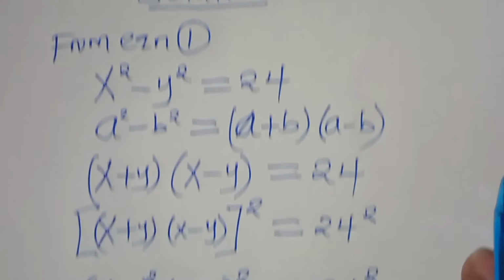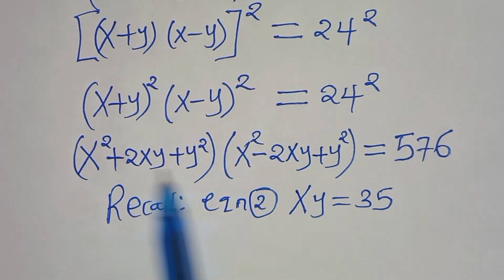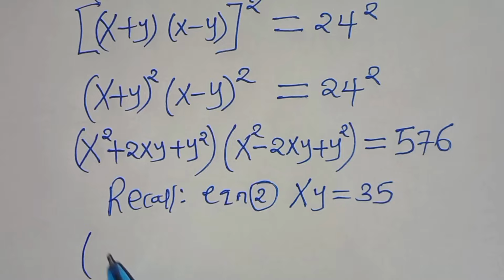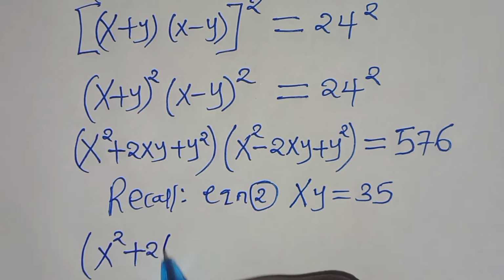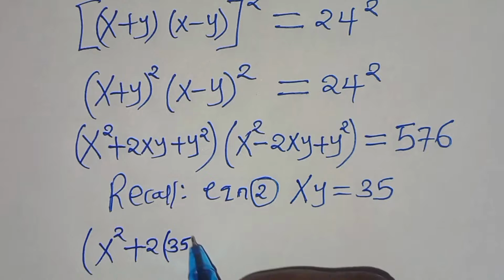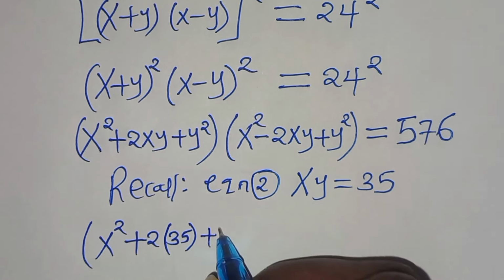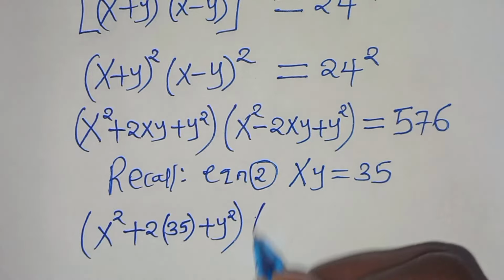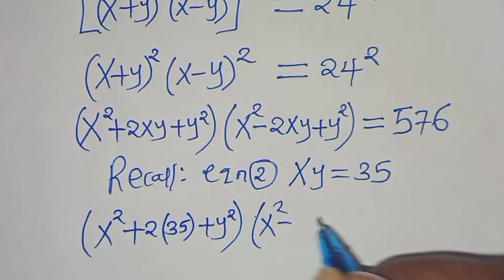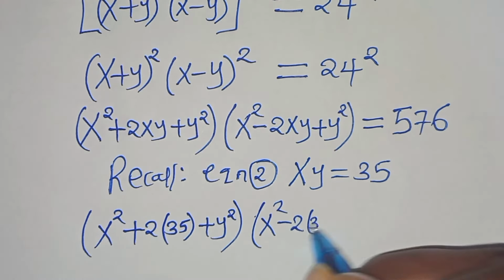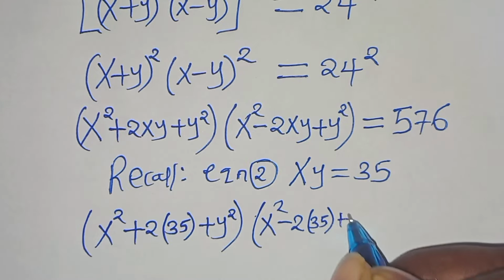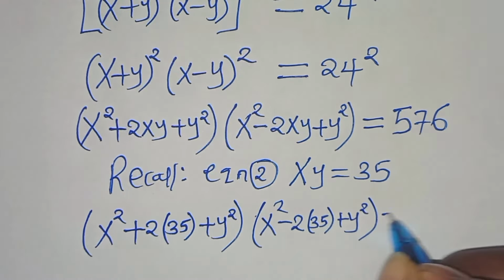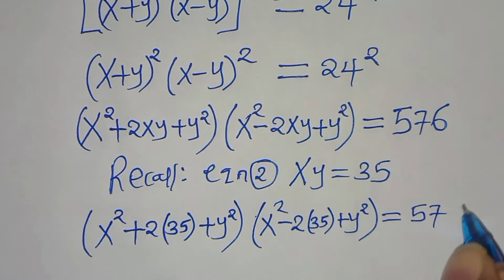So let's substitute 35 here, so that now we have x squared plus 2 multiplied by 35, then plus y squared. Then we have here x squared minus 2 times 35, then plus y squared. This is equal to 576.